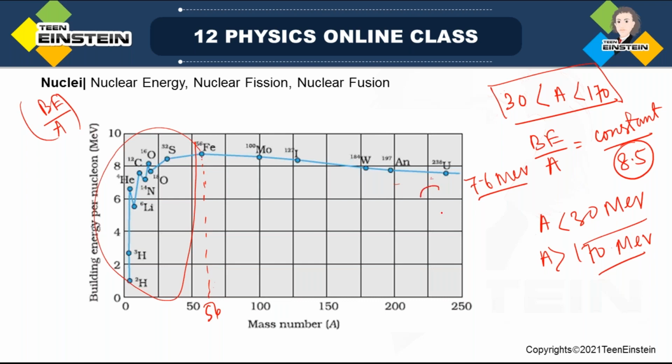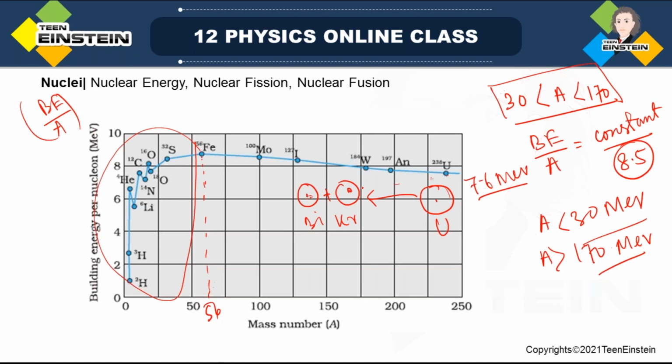If we break a bigger nucleus like this into two nearly equal masses, look, in this way, uranium breaks into two. That means the mass number is getting reduced, and they are going in which direction? The greater binding energy direction, right? That means these are more stable than the parent. This is uranium, and suppose you have some bismuth and krypton or whatever. These two have greater binding energy than the uranium.